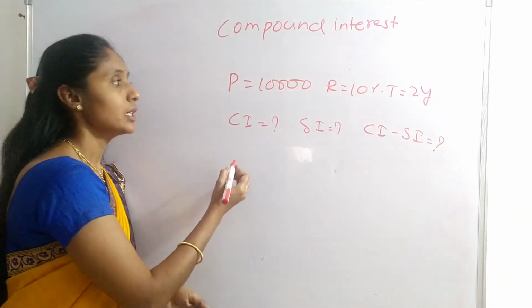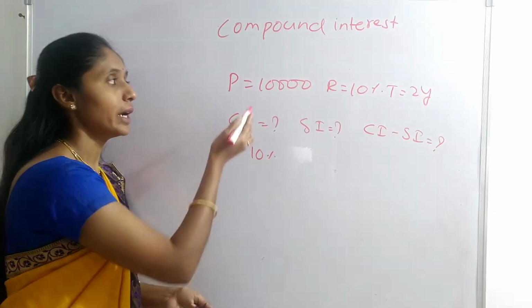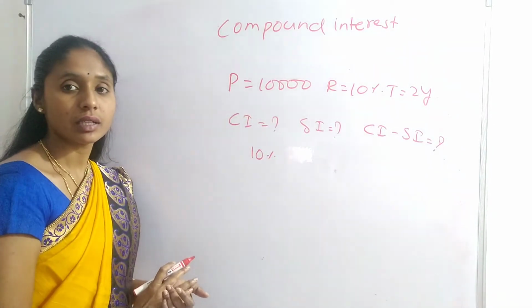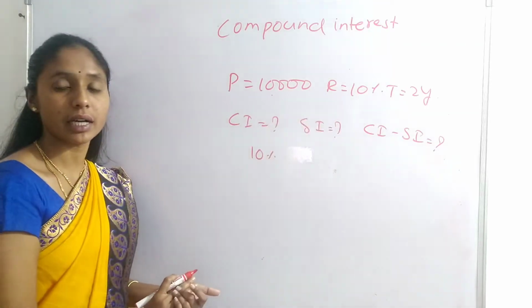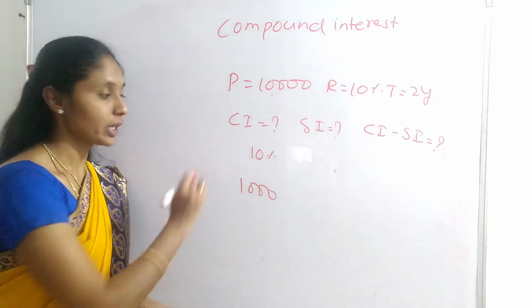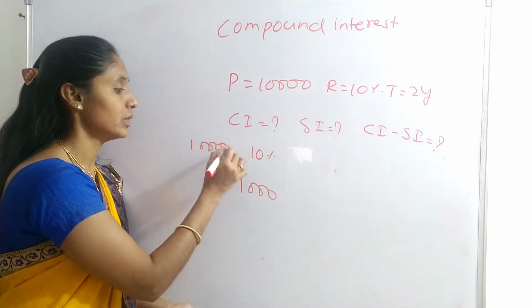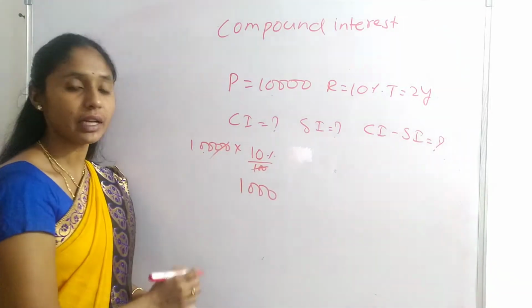The rate percent is 10% and the principal amount is 10,000. Per 1 year, simple interest is 10,000 into 10 by 100. That is 1000. 10,000 into 10 by 100, the 100 cancels, giving 1000.